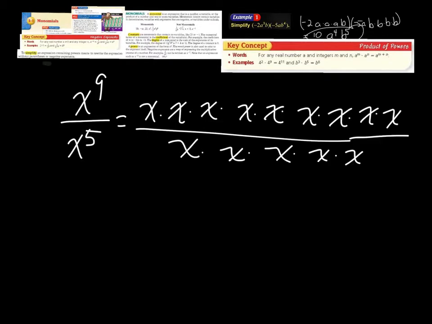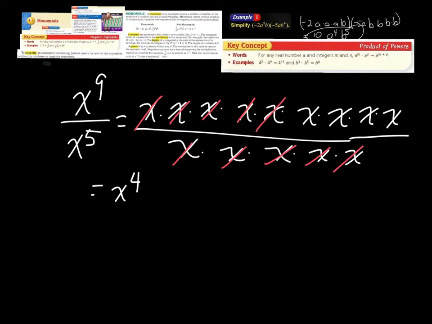A similar rule is in place for division. If we have x to the 9th divided by x to the 5th, anything divided by itself is 1, even if they're x's, because x could represent any number. So I have x to the 4th left.